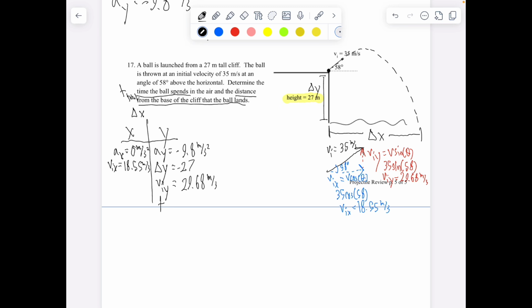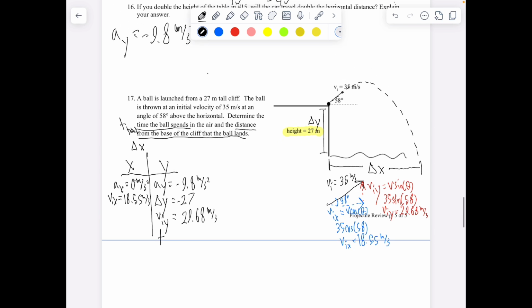Something I want to point out here: for problems like these, oftentimes we've given you the approach that you have to identify the peak of your arc and figure out that at that peak, the final velocity is going to be 0. That is absolutely true, but what we're doing here is, since we know our delta y, we are changing our position.